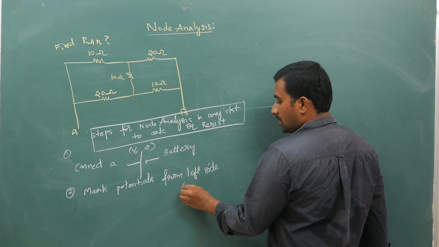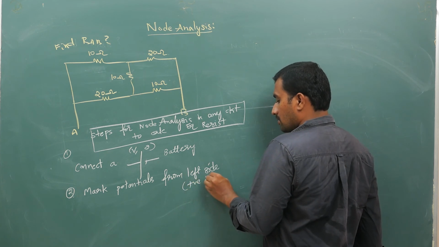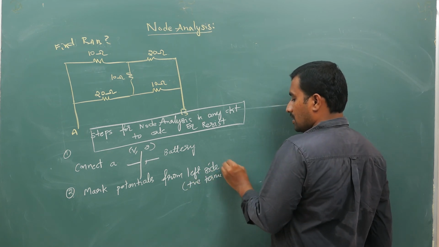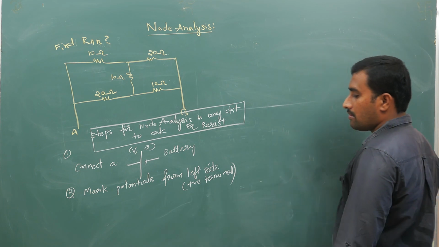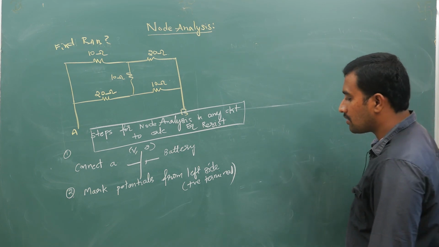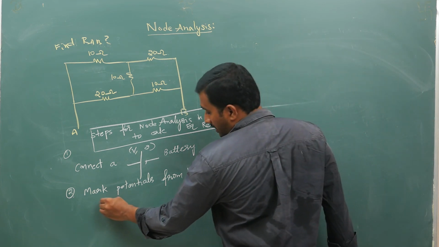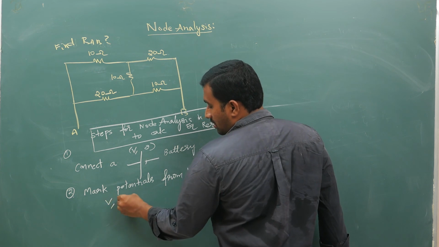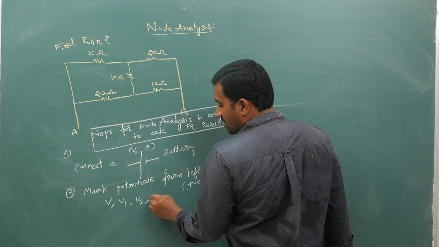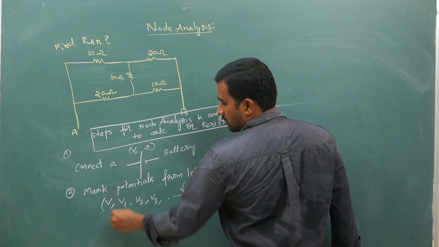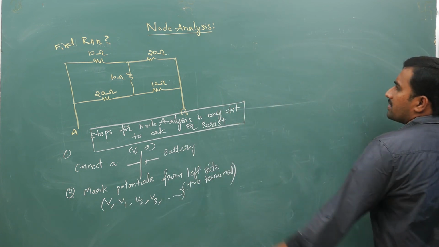That means positive terminal. I have assumed positive terminal to the left. Mark potentials from left side, that is the positive terminal, as V, V1, V2, V3, and so on like this. That is your second step.